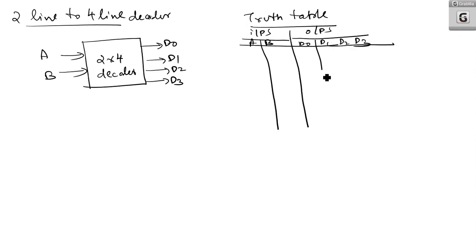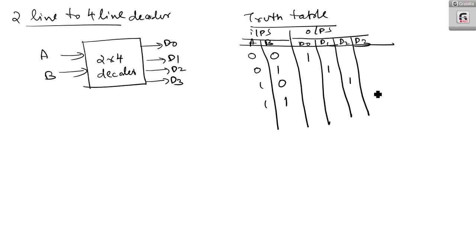Now we have the input combinations 0 0, 0 1, 1 0 and 1 1. Here we get 1 on the diagonal and all other elements are 0. Now coming to the expressions of D0, D1, D2 and D3.